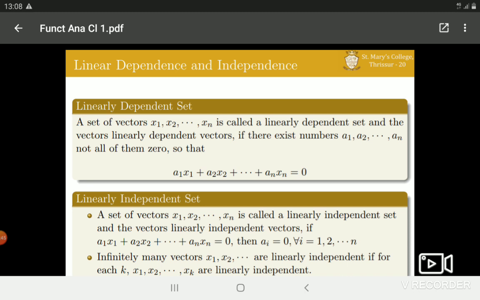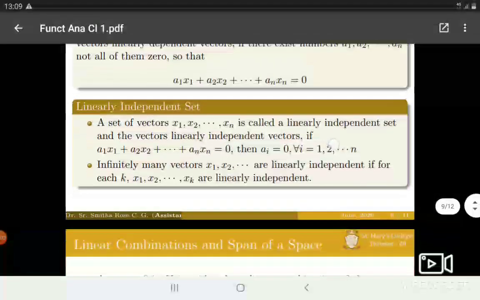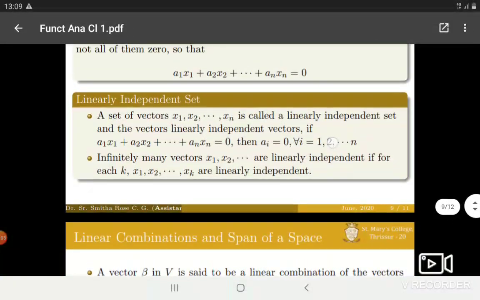So here the linear combination of n vectors multiplied with the scalars is 0, but not all the ai's are zero. Then the set itself is linearly dependent. Obviously, if all the ai's are 0, then it will be linearly independent. That is what we are going to define.